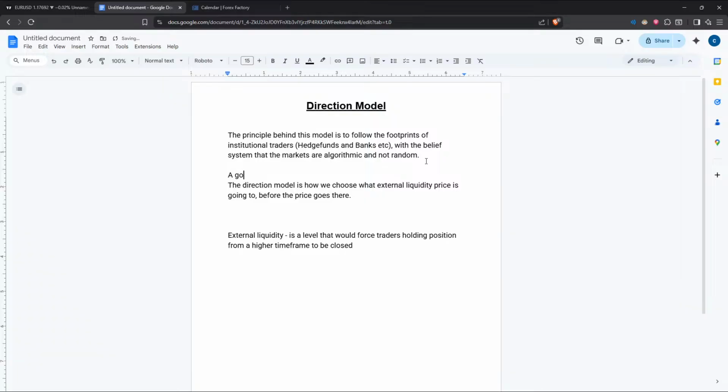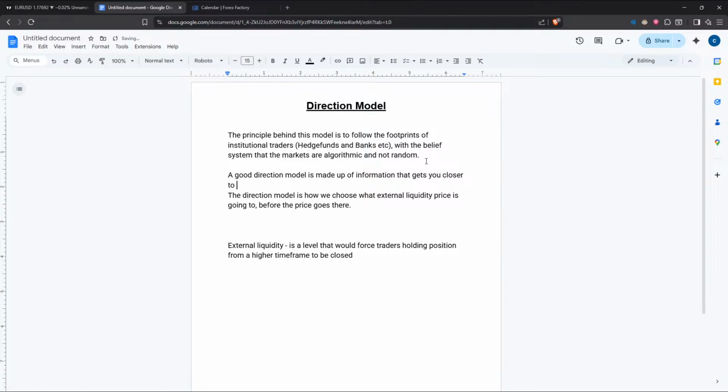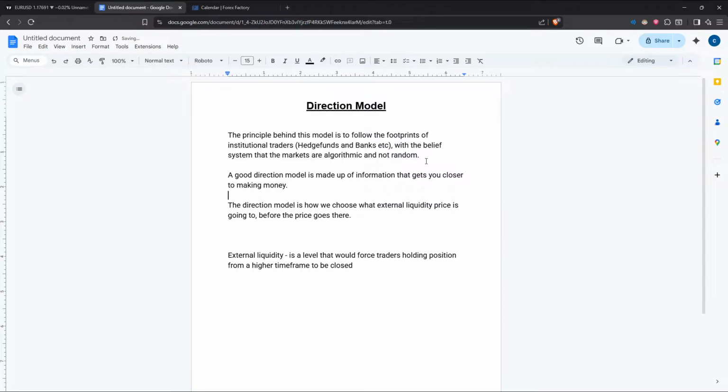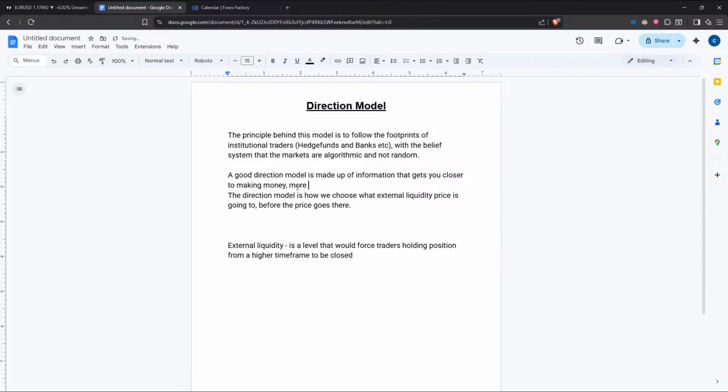A good direction model is made up of information that takes you closer. That's the basics. A good direction model is what helps you know where the price is going.